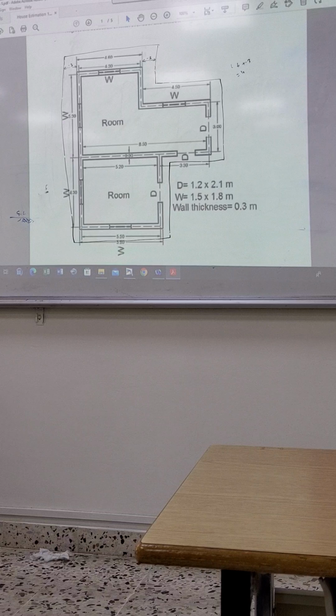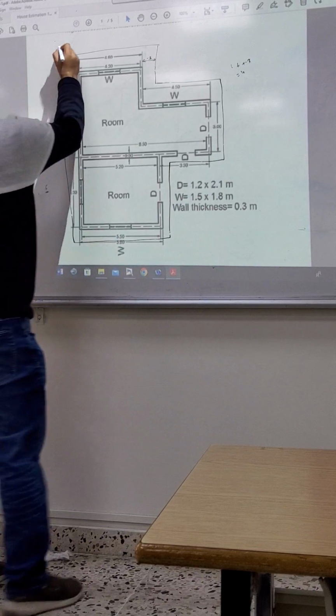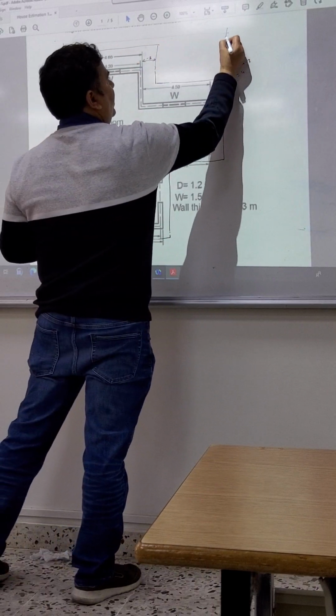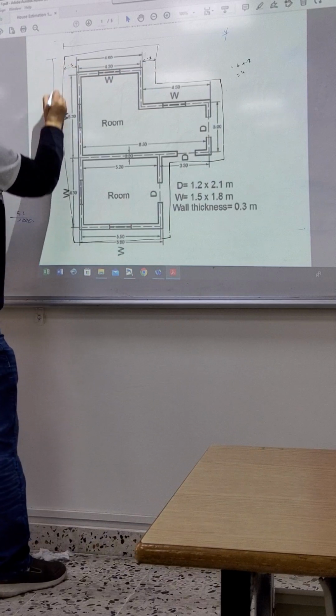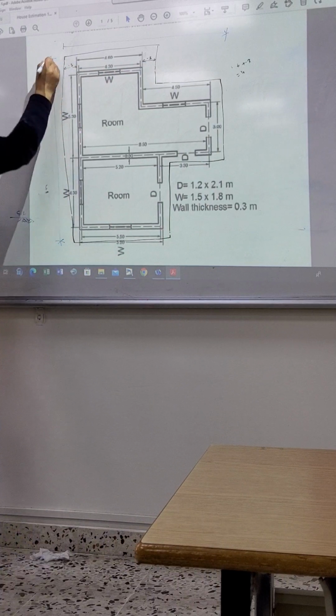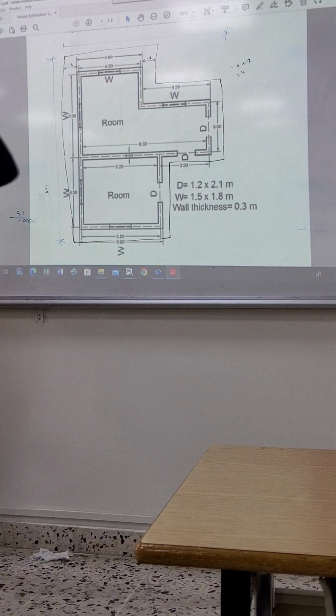Just calculate the total length in this direction and the total length in this direction. What will be the total length in this direction? From here to here, and from here to here. Calculate.